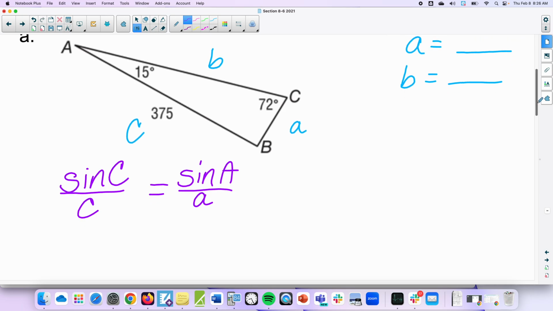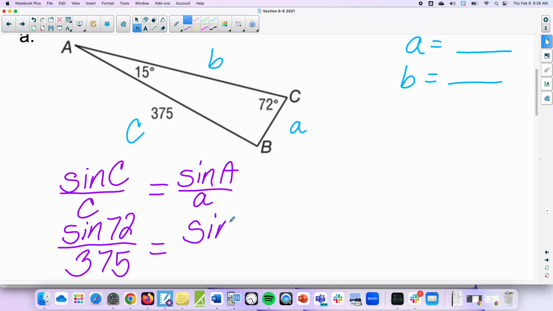Now I substitute in what I know. So I do sine of 72 over little c, which is 375, and that equals sine of A, which is sine of 15, over little a, which is what I'm looking for, okay?